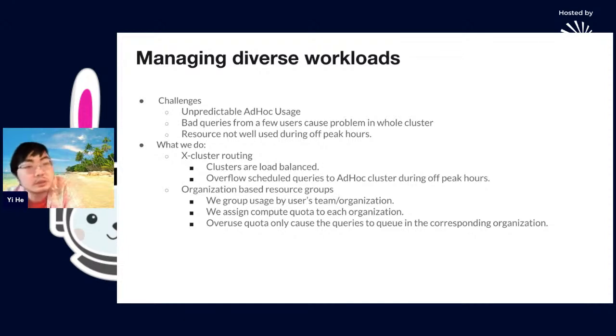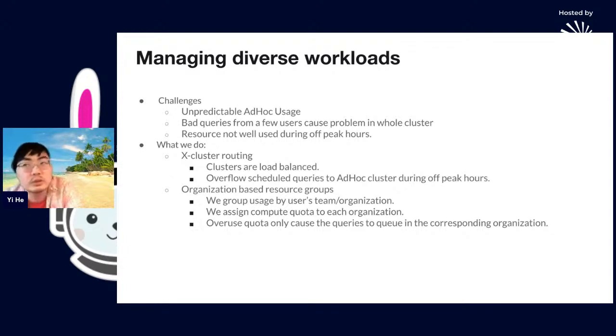So we changed our gateway and resource management in a way that we can first do cross cluster routing. We make sure that the clusters are load balanced, so if a cluster is less busy, we will route more queries into it.